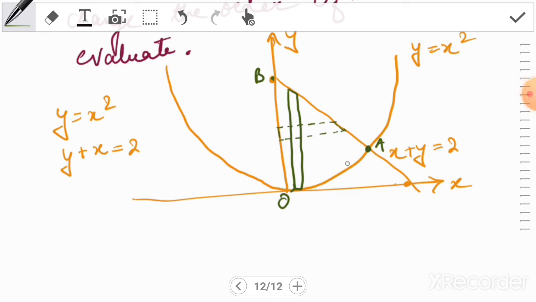By solving these two equations you will get (1, 1) as the intersection point.